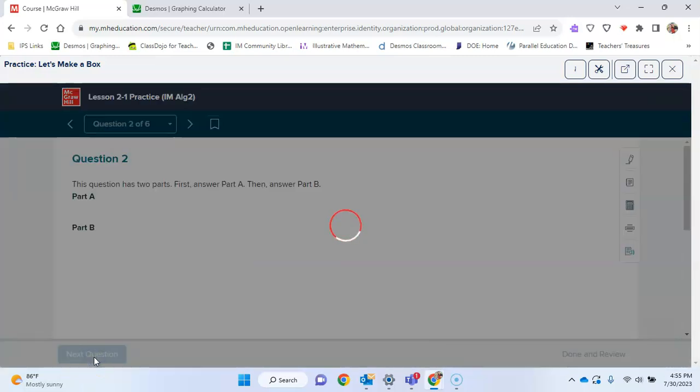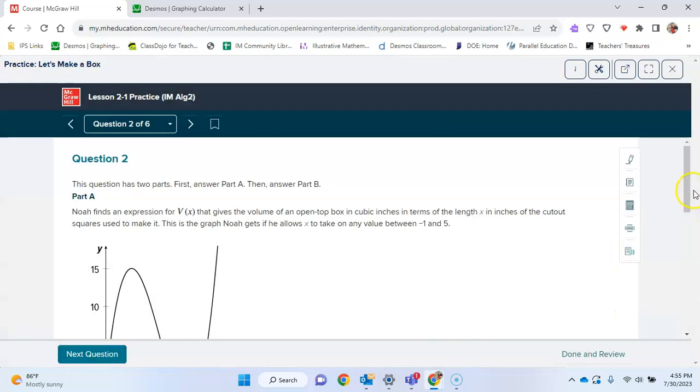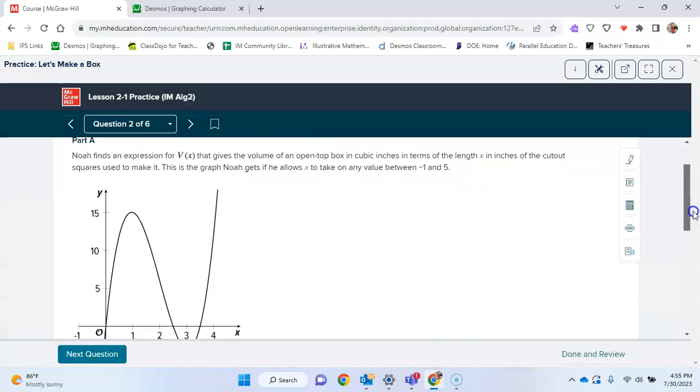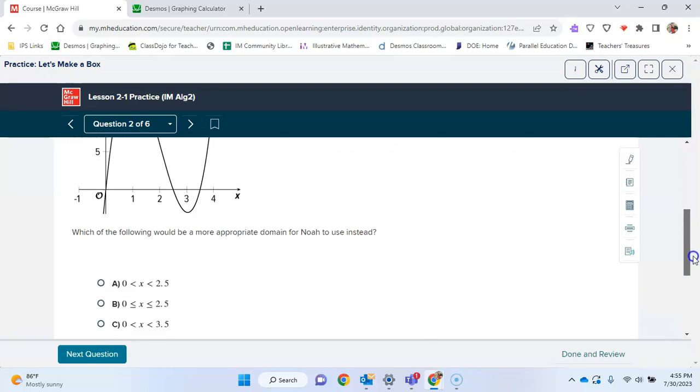Question 2. This question has two parts. First answer part A, then answer part B. Part A. Noah finds an expression for V of X that gives the volume of an open-top box in cubic inches in terms of the length X in inches of the cutout squares used to make it. This is the graph Noah gets if he allows X to take on any value between -1 and 5.